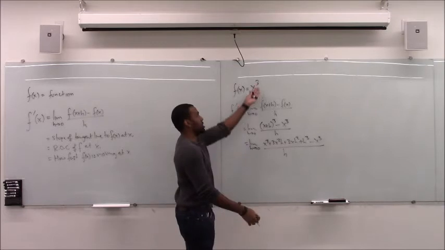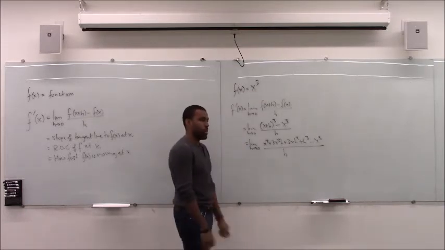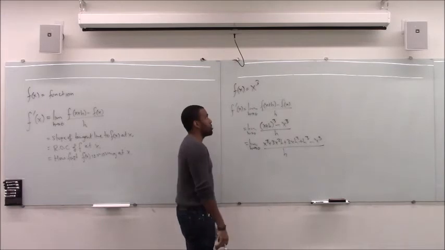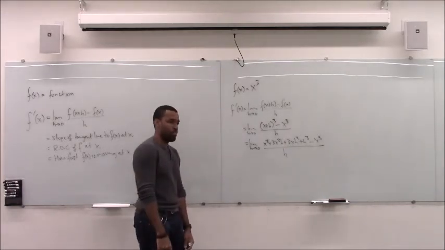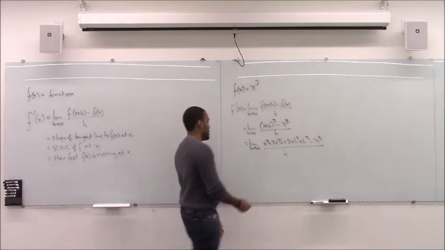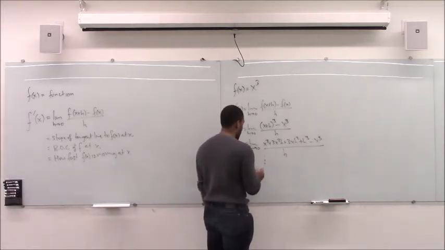But now, what if it was the 5th power, the 10th power, the 20th power? Now it starts to get annoying. What if it's actually some really strange power, like 1 over 5, or minus pi, or something? This becomes annoying after a while.